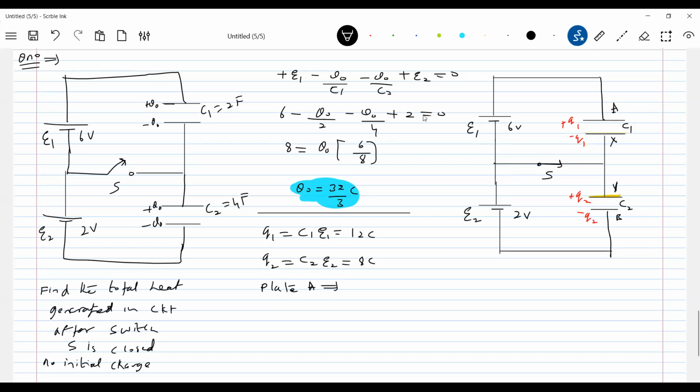So what was the initial charge of plate A? Q naught. Then let's assume that some charge is pushed into it. I'll assume the charge like this.